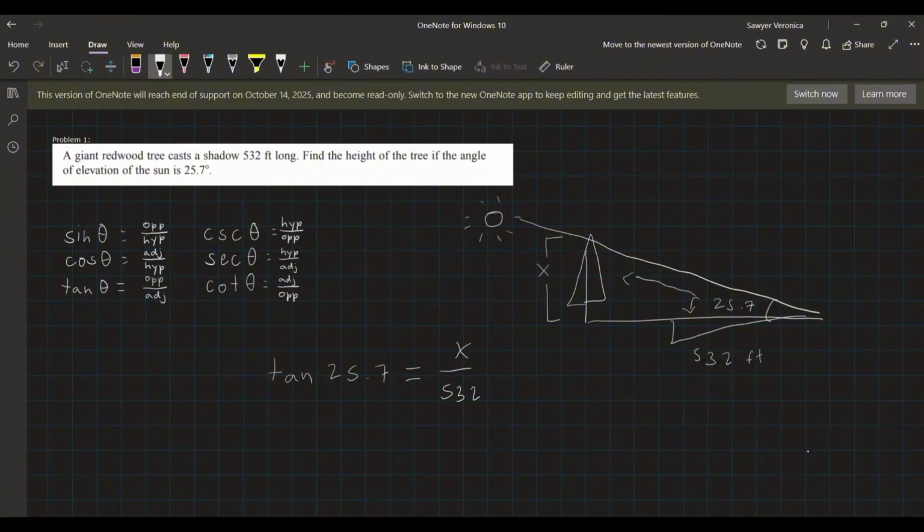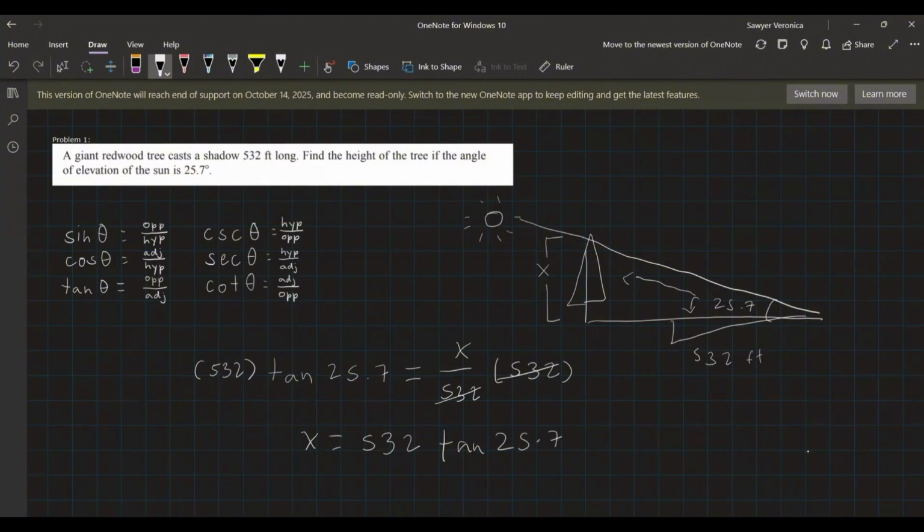So to isolate x, we will be multiplying both sides by 532. We just cancel here. And x is equal to 532 times tangent 25.7 degrees.